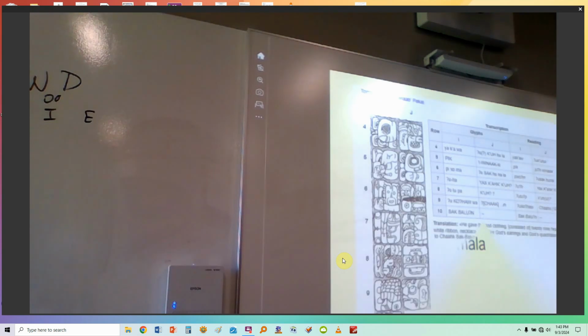So here would be an example of Maya, and you can see the glyphs transcribed for you into the Roman alphabet with how they would be pronounced in the translation. And you read it from top to bottom. They're glyphs because they're not really written down in books. I mean, that seemed to have come later when the Spanish got there and they brought writing in books. These are carvings on rocks and stone of these pictures.